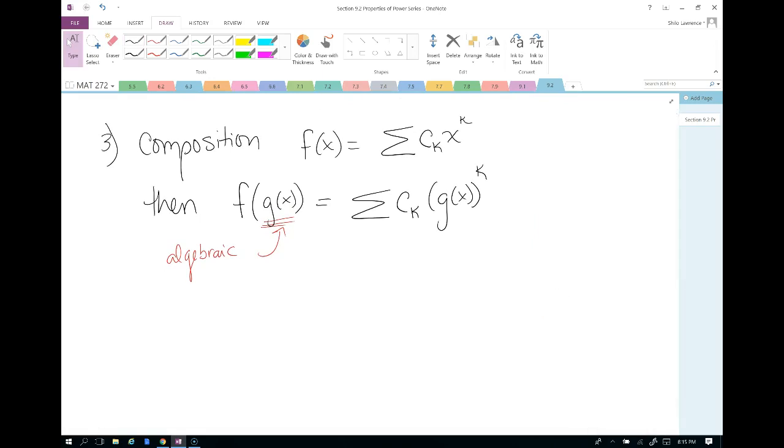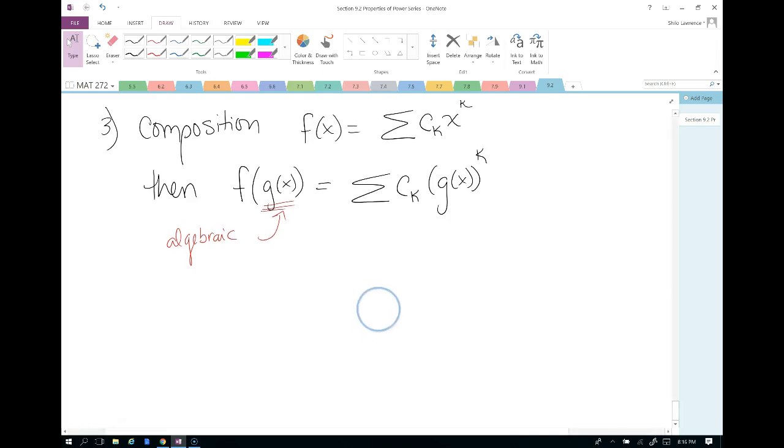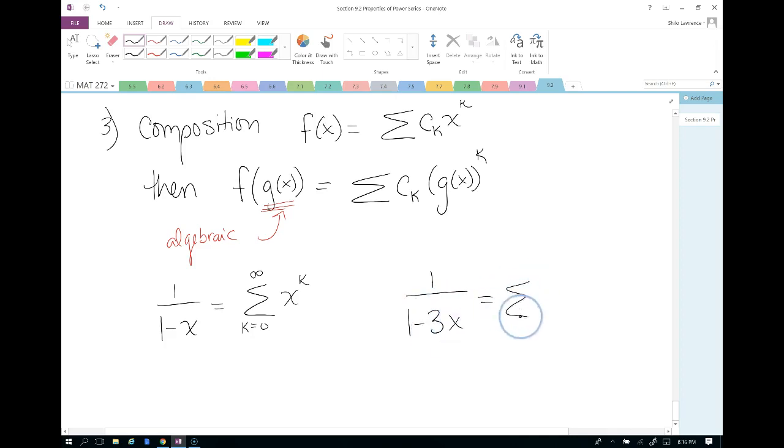And we saw a very simple example of this back at the beginning of 9.2 when we were looking at geometric series. We had said if 1 over 1 minus x is the sum from k equals 0 to infinity of x to the k, then 1 over 1 minus 3x would be the sum from k equals 0 to infinity of 3x to the k.